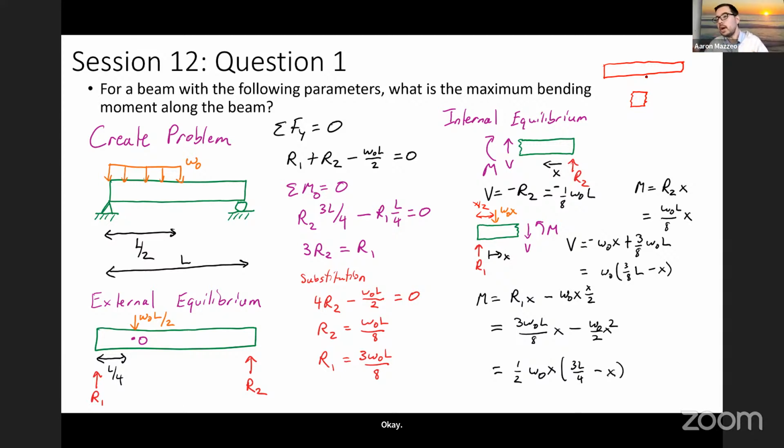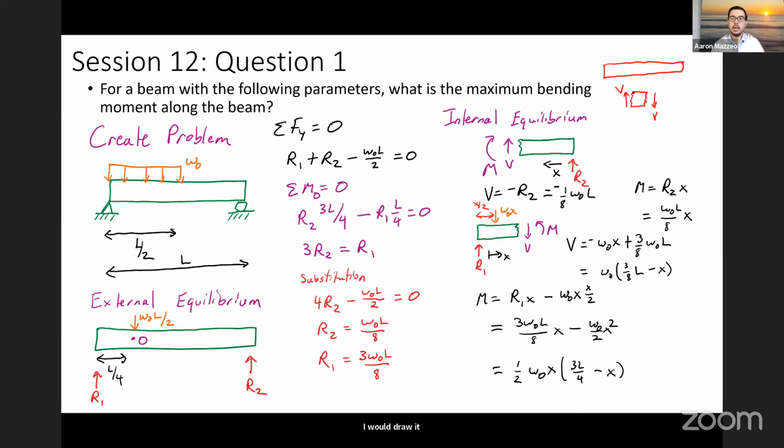If I've got an internal shear force on this side, by convention, I'm going to draw it downward. And we're going to assume that this is a very slim piece. By convention, I would draw it upward on that side.